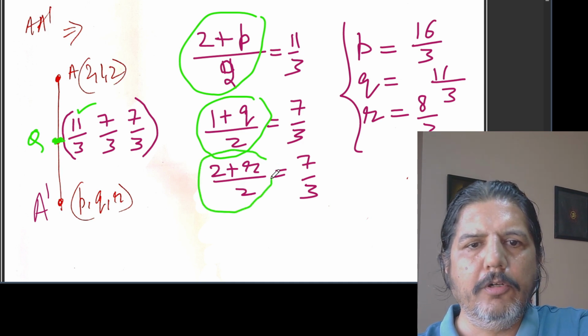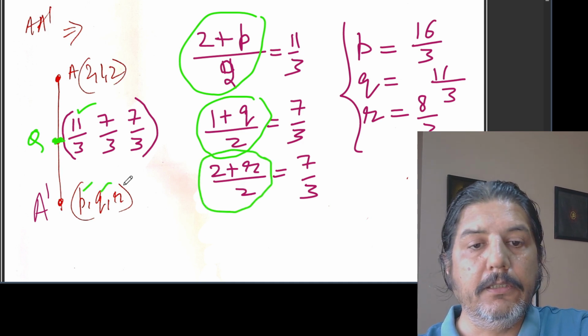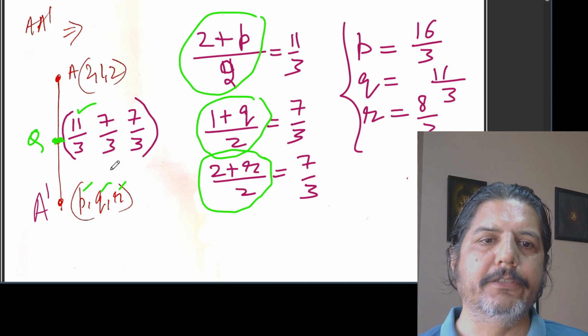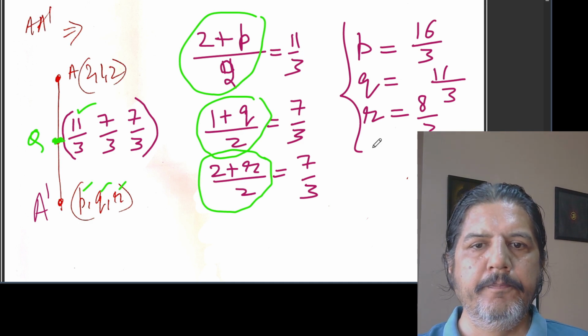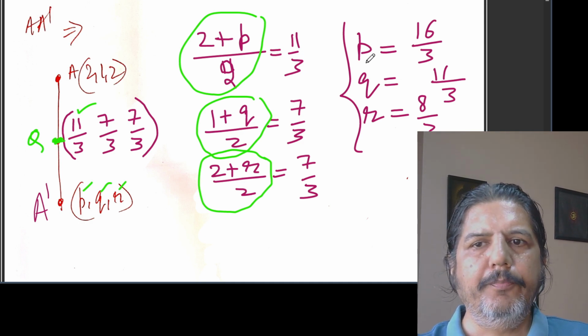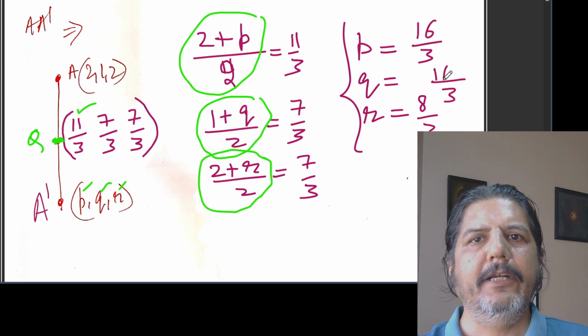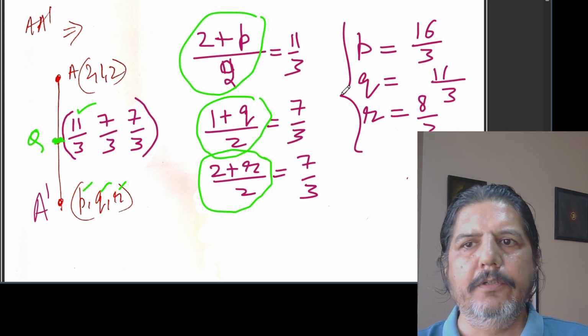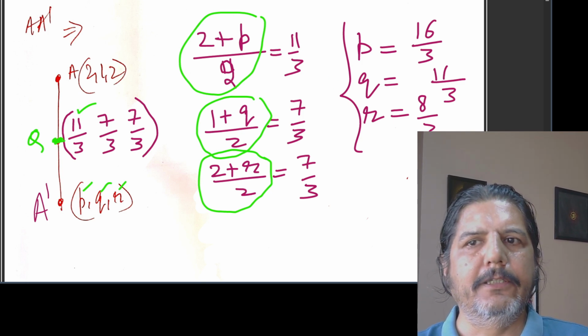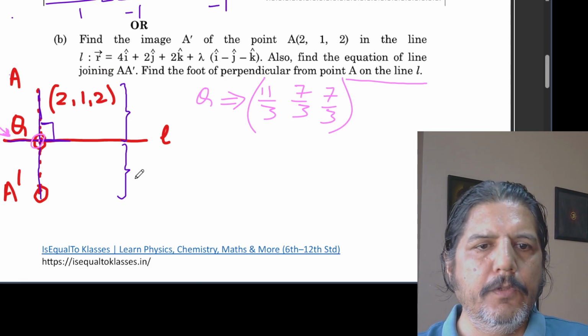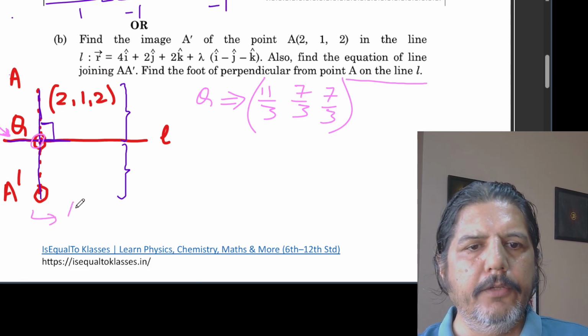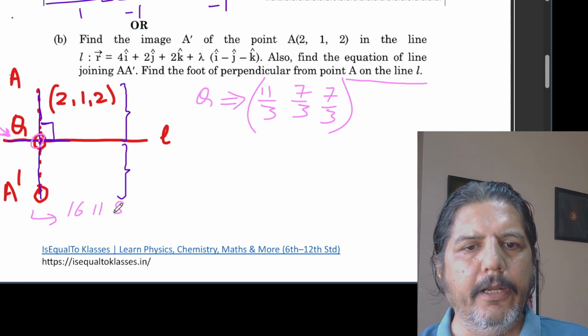Now I solve this for P, Q, R, the coordinates of point A dash, the mirror image. I get P, Q, R as 16 by 3, 11 by 3 and 8 by 3.